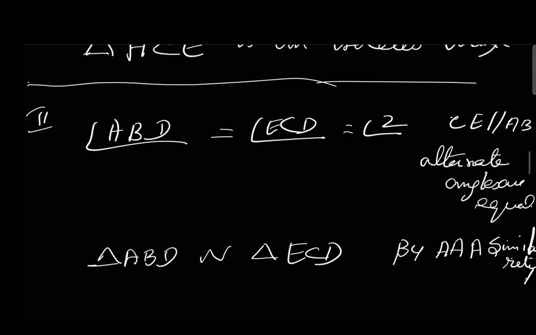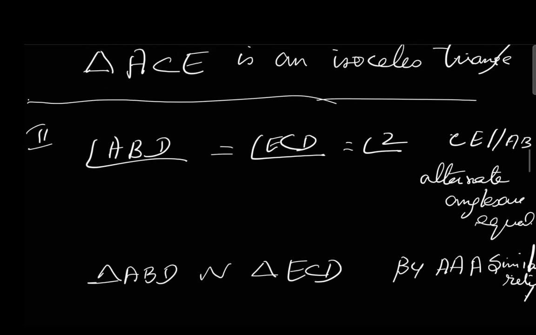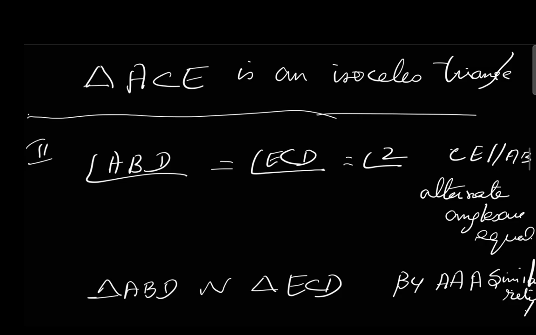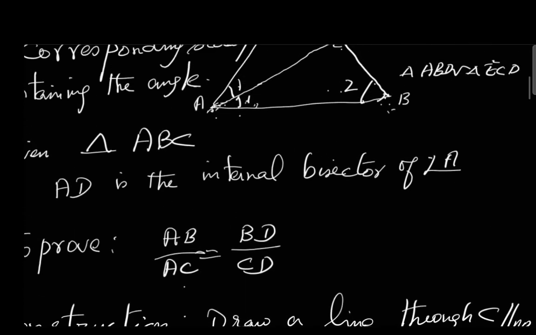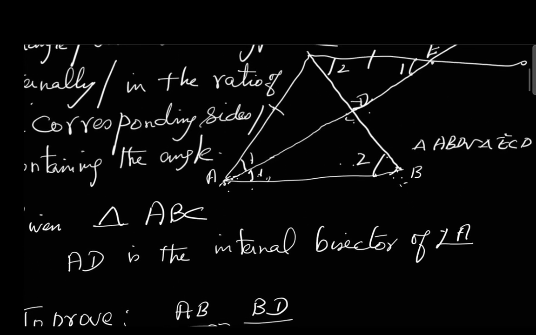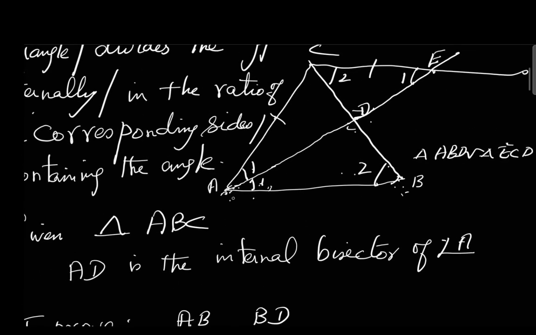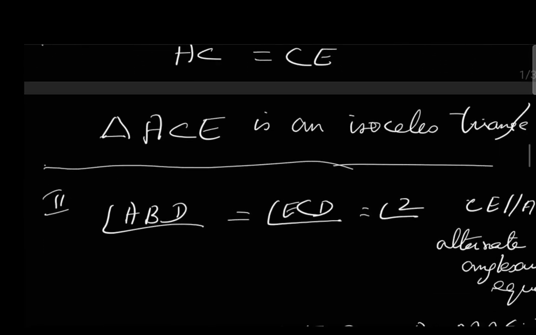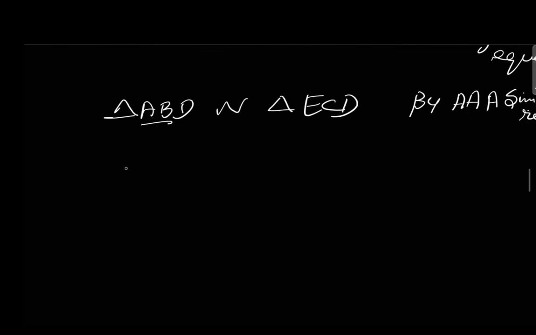Once you have shown these similar triangles, corresponding sides are proportional. Look at the corresponding sides. What you are supposed to prove? AB. So in this triangle, I have to get AB. Where is AB here? First two letters AB. So the first two letters here are CE.